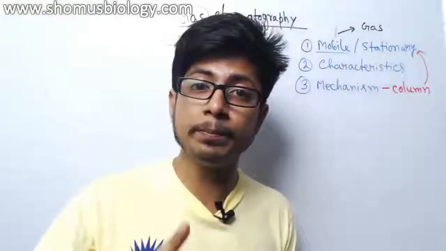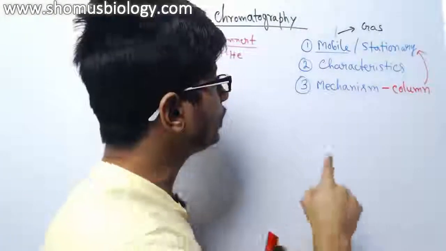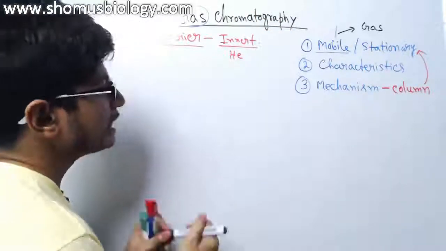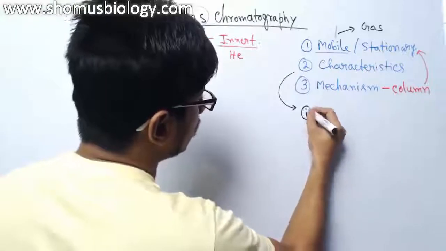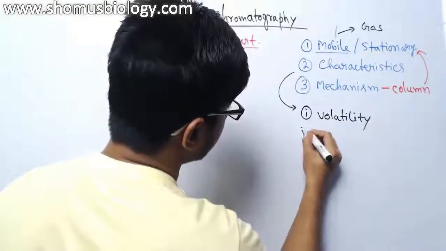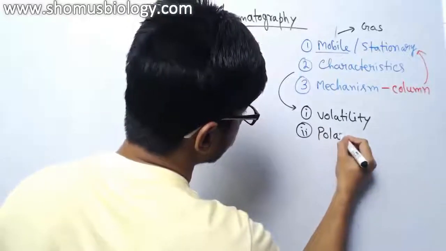But the most important thing, the feature which we use to separate using gas chromatography, that is the characteristic. Remember, this is two things. One is the volatility, and second thing is the polarity.